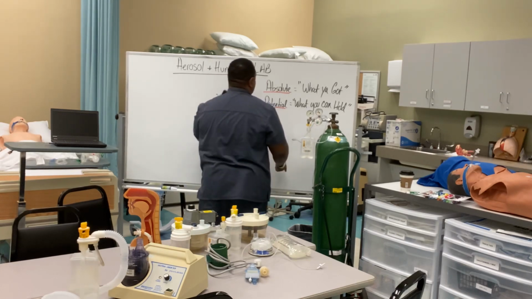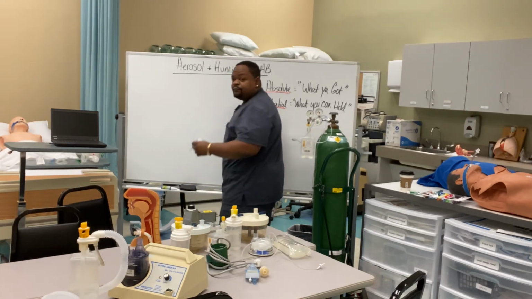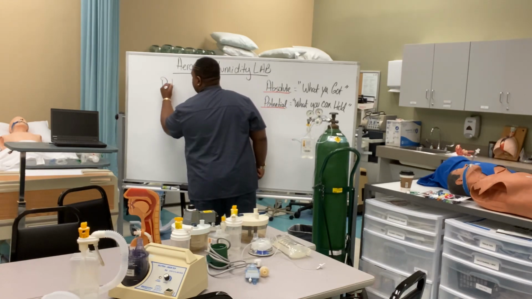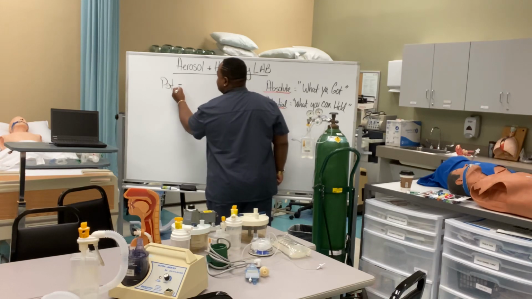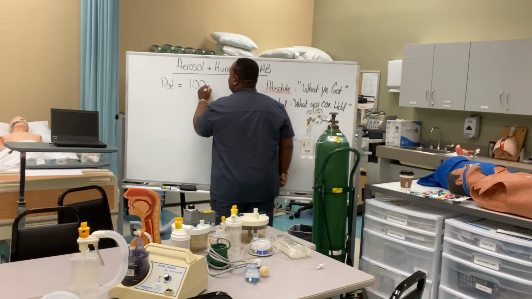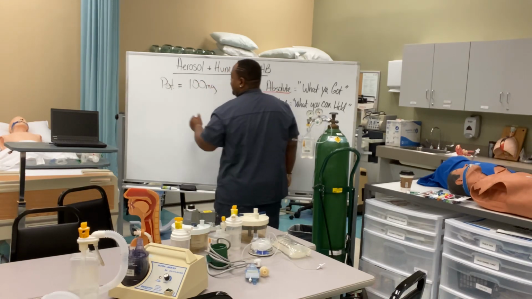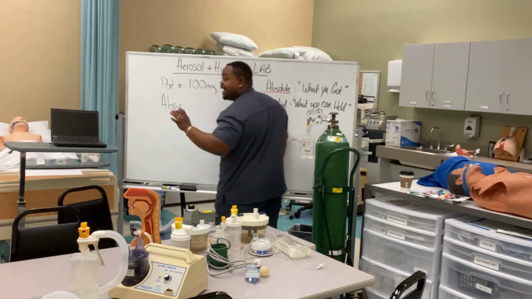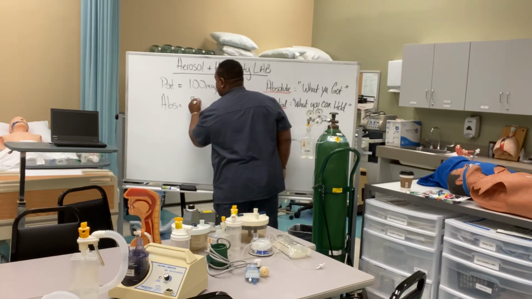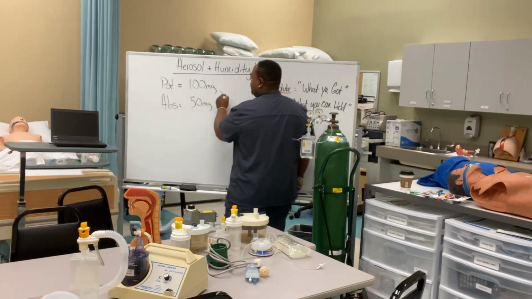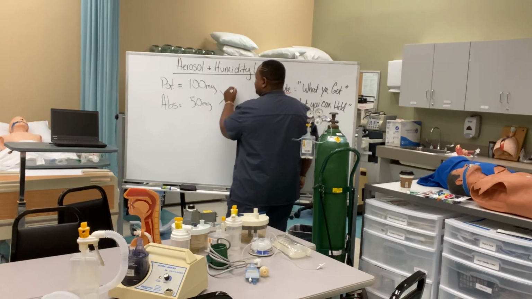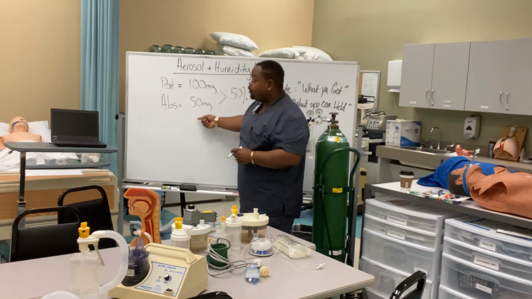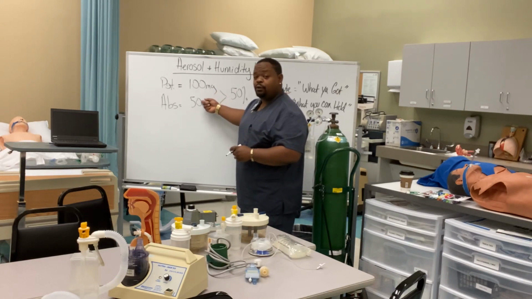Let's say the patient has the potential, POT, to hold 100 milligrams, and their absolute, what they actually have, is only 50 milligrams. Then their relative humidity is 50%, because they're only holding half of what they have the ability to hold.